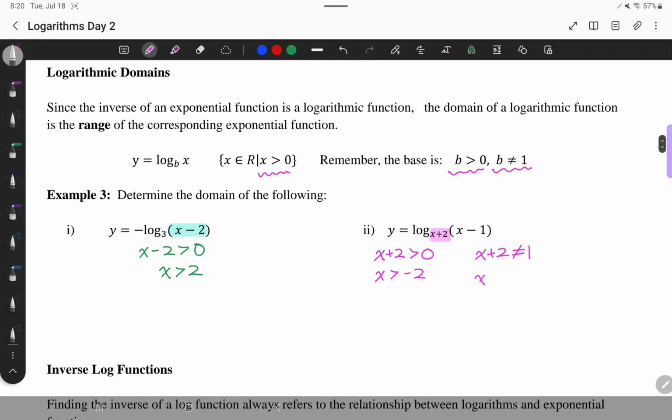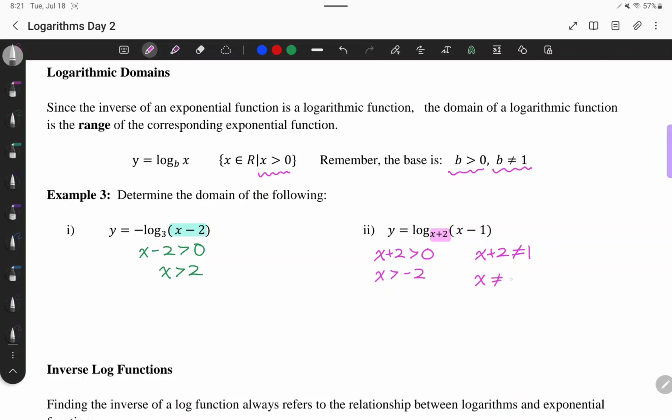And that tells us that x cannot be equal to negative 1. However, I also have a third restriction from this x minus 1. That must be greater than 0. So x minus 1 must be greater than 0, or x must be greater than 1.